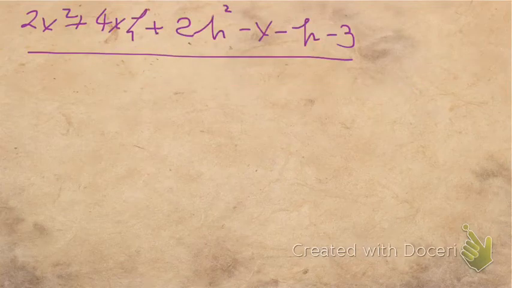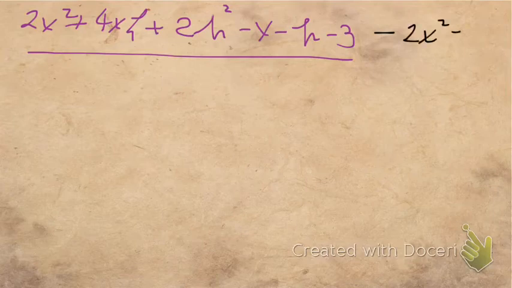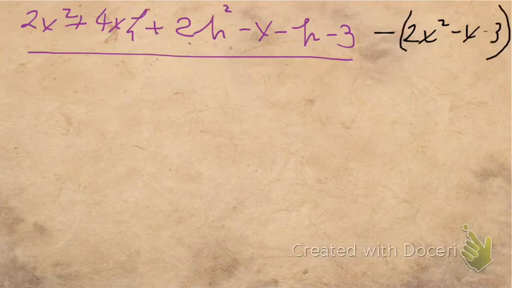Okay, so that is the first part, the f of x plus h. Now we need to continue on and put the f of x on there. The f of x, if you look at the original problem, was 2x squared minus x minus 3, and that was in parentheses because the negative sign is going to change the sign of everything in there.